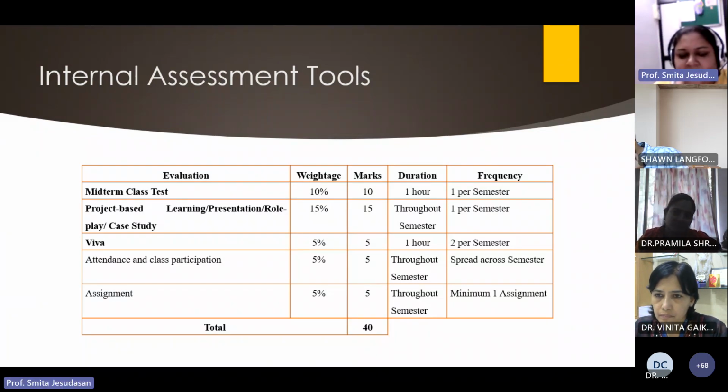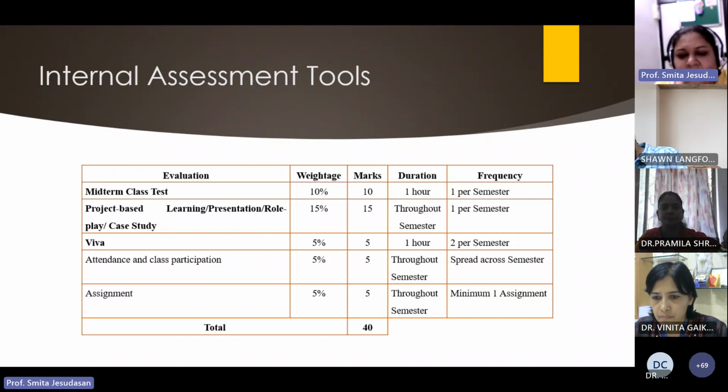Therefore, there should be a process for measuring the quality of the assessment tools. For this reason, the procedures should be standardized. You need to decide the duration and the frequency in advance. Do not keep it as a spontaneous decision.